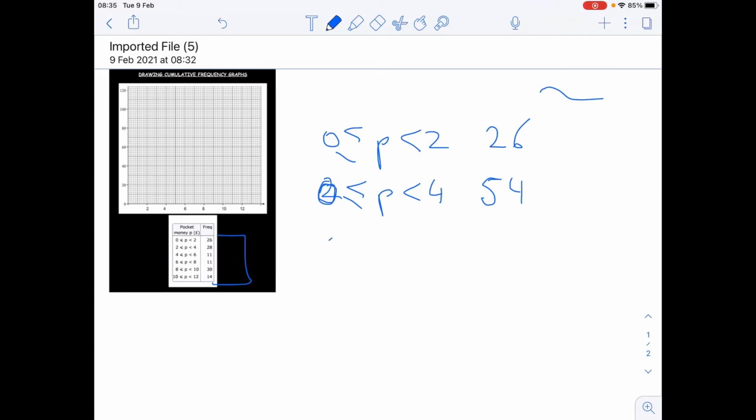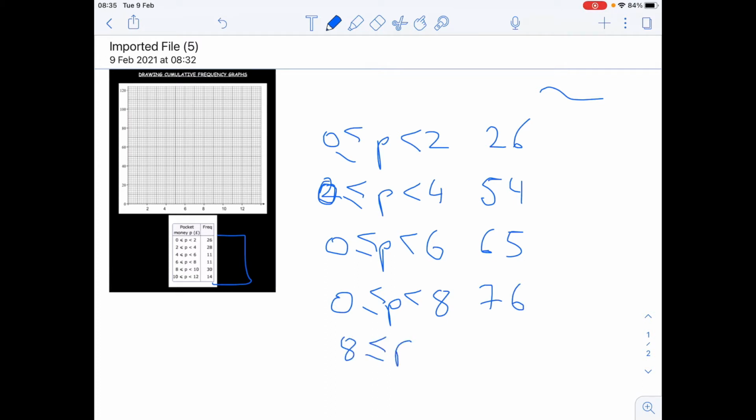Right, then between 0 and 6, I've got the 26 plus the 28 plus the 11, so I make that 65 people so far. Then between 0 and 8, I've got an extra 11 people, so I make that 76. Then between 8 and 10, there's an extra 30 people. So 76 plus 30 is 106.